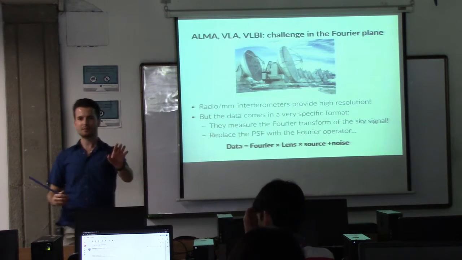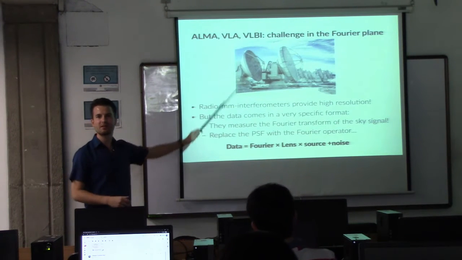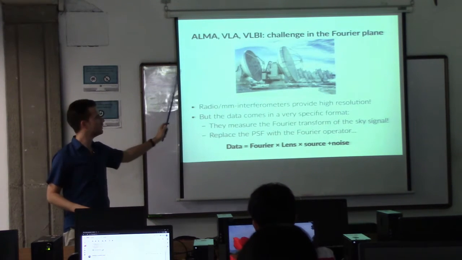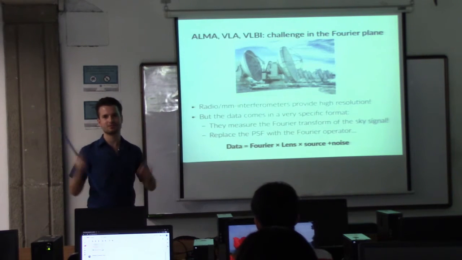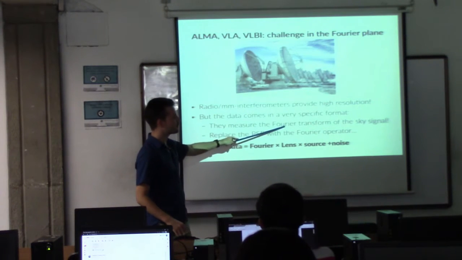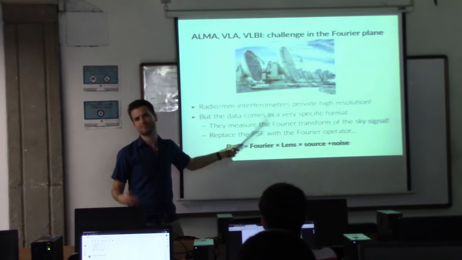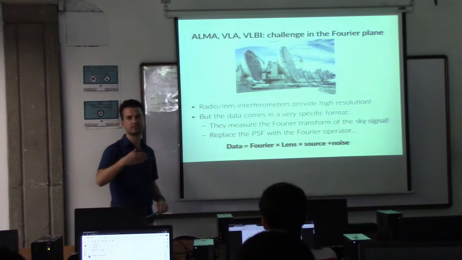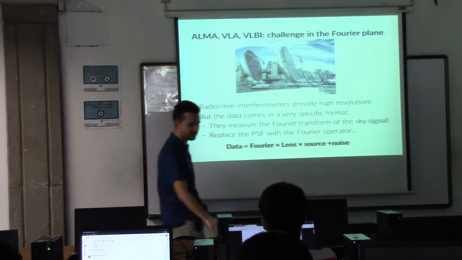So all the nice images from ALMA that you see are not what ALMA actually measures. You need to use some heavy post-processing to create them. The signal is a Fourier transform of the sky. You apply an inverse Fourier transform, but there is a lot of information loss happening, so we have to be extra careful there.